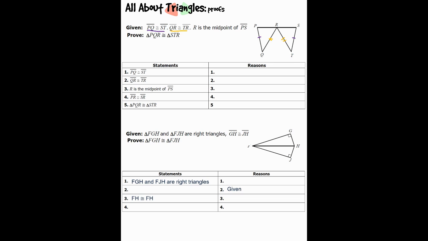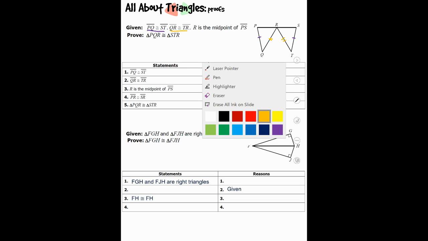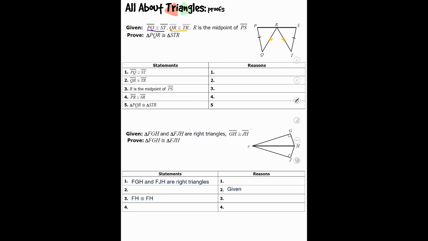And R right here is the midpoint of PS. Remember what midpoint means. A midpoint is in the middle of that line segment, cutting that line segment into two congruent pieces. So that means that PR and RS are congruent.